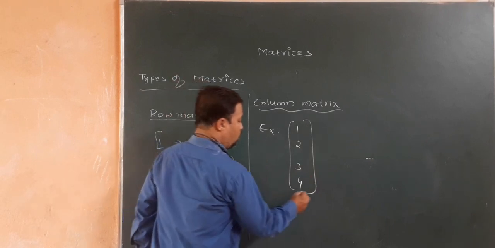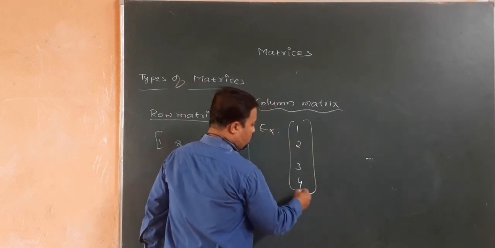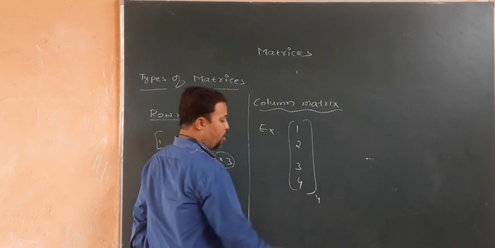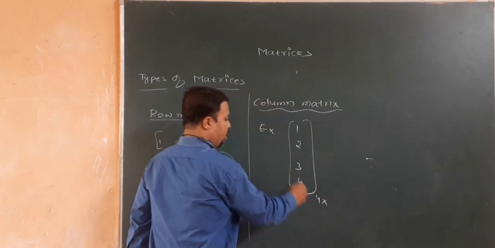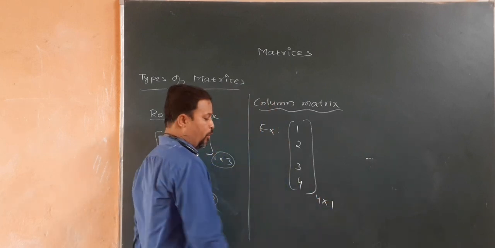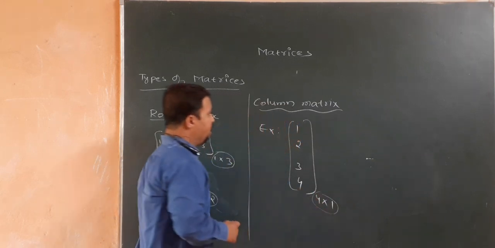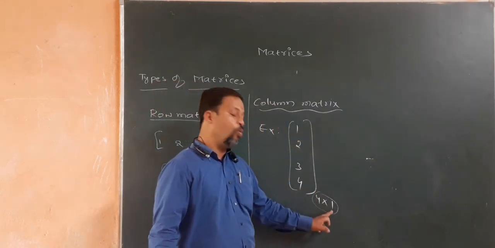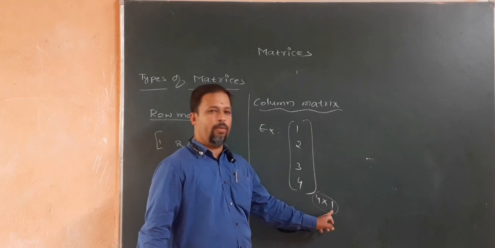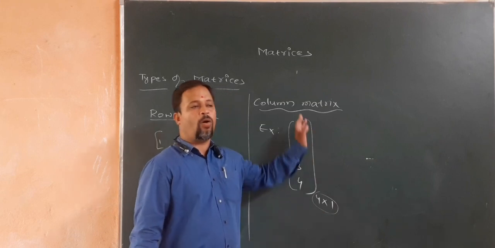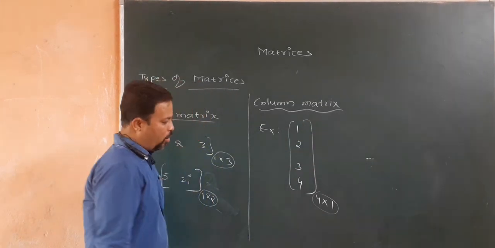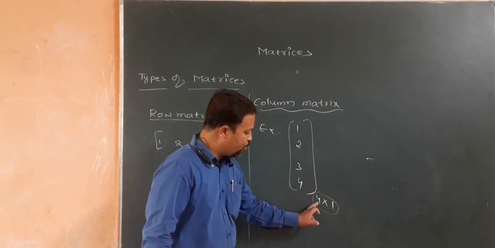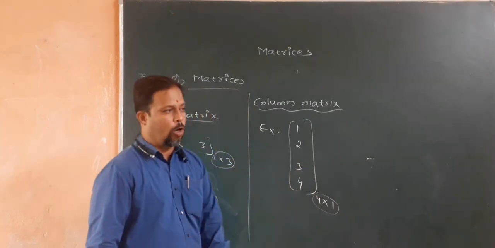So it has one column. How many rows are there? 4 rows are there. And how many columns are there? Only one. Now you can see here, the column matrix is a matrix which has only one column. And its order, whatever we are taking as the example, is 4 cross 1.